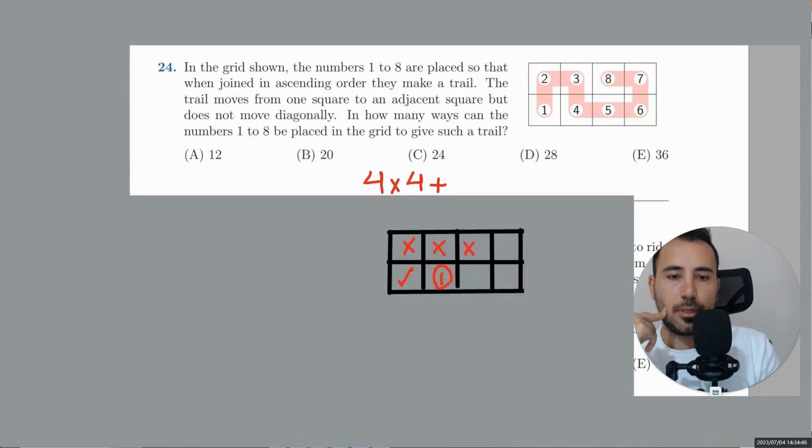Is it possible for 8 to be here? Yes, I can go. How about this? Is it possible for 8 to be here? Yes. How about this one? Well, I do have to go left.